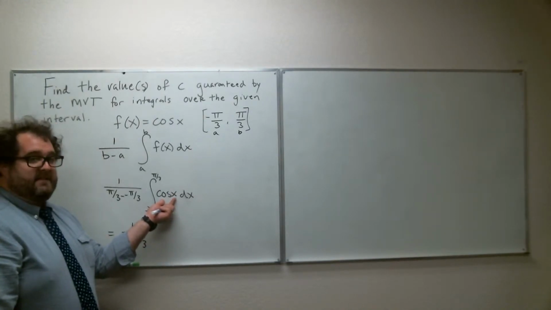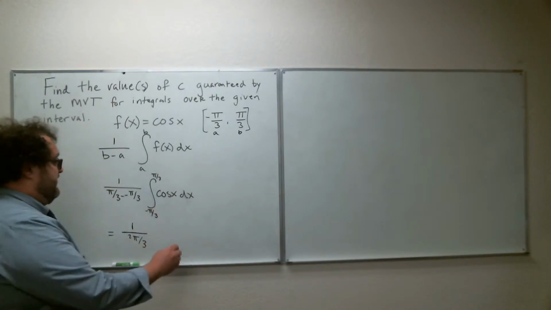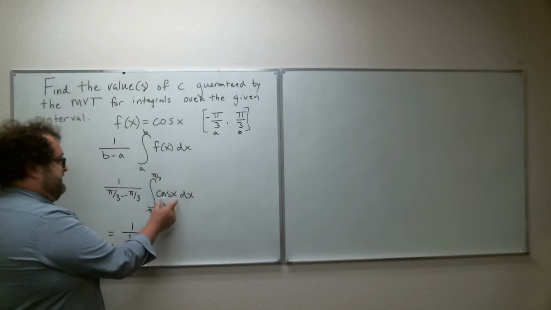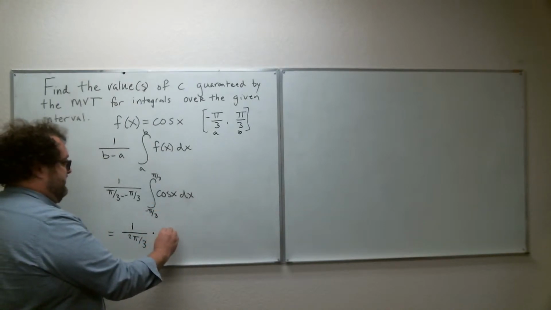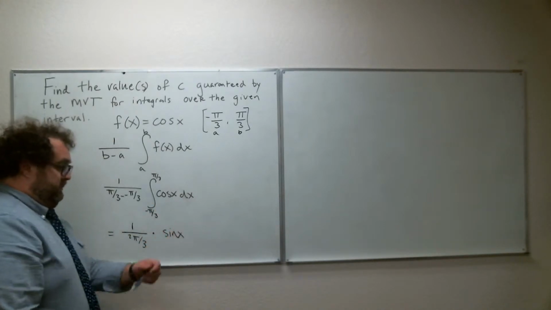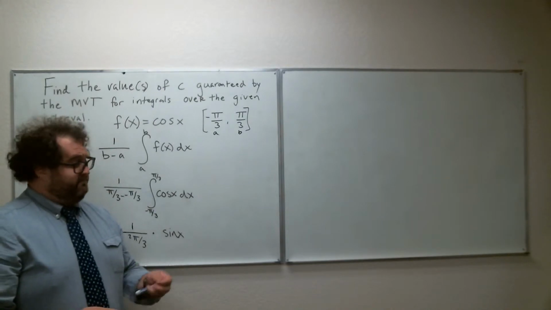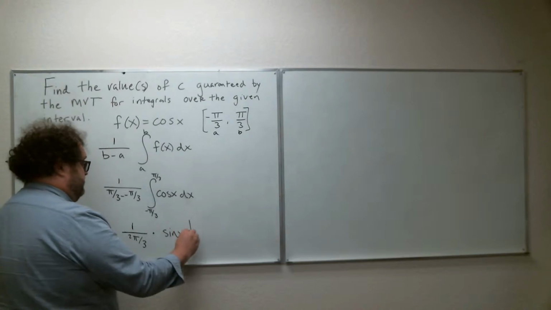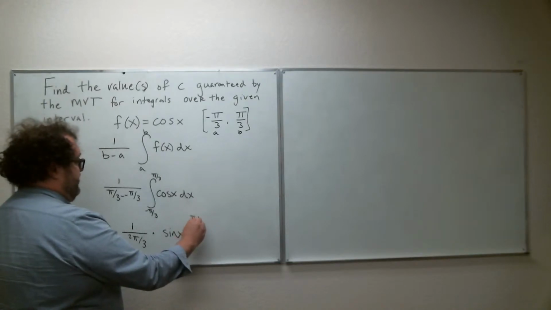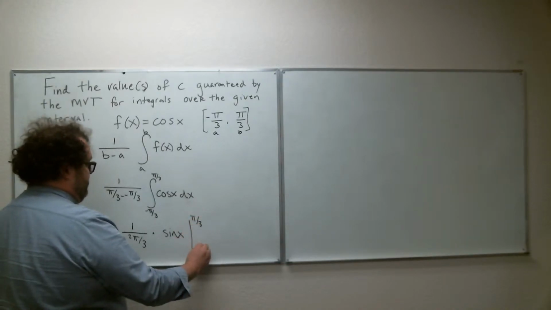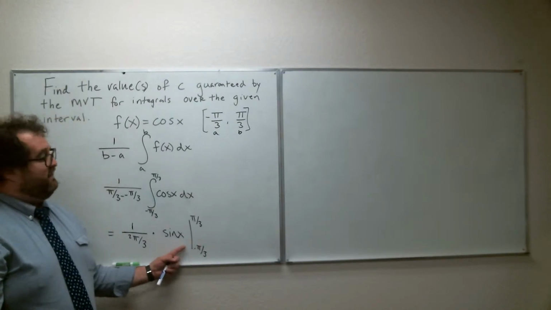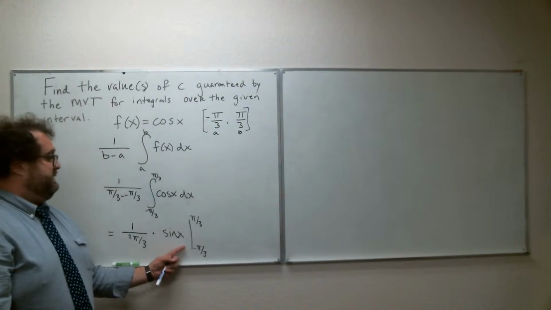If you recall, the antiderivative of cosine is sine. So this is going to be times the definite integral. Antiderivative is sine x. We don't have to worry about the plus c because this is a definite integral. And we're going to evaluate at pi over 3 and negative pi over 3. This notation simply means we're about to apply the fundamental theorem of calculus.